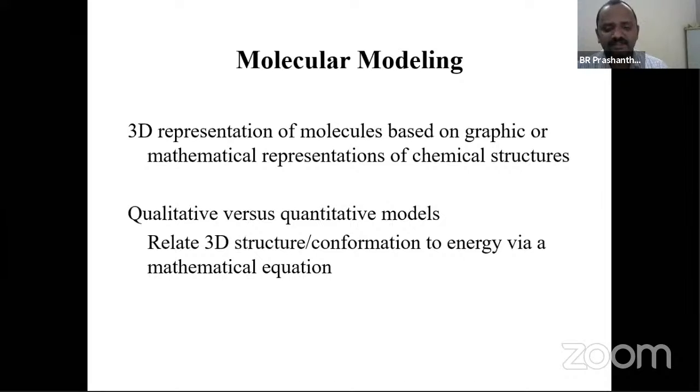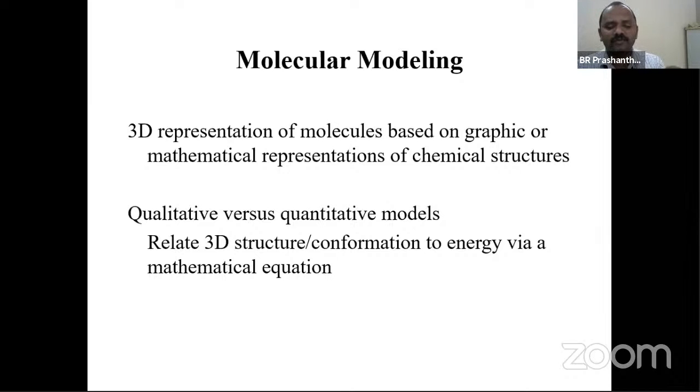My assumption is that if we can predict the structure of the ligand exactly as it exists in nature, and if we can have the structure of the protein exactly as it exists in the physiological environment, then only will we get successful results. This is a big challenge. Whatever software we have today in the pharmaceutical market is all trying to match up with this concept.